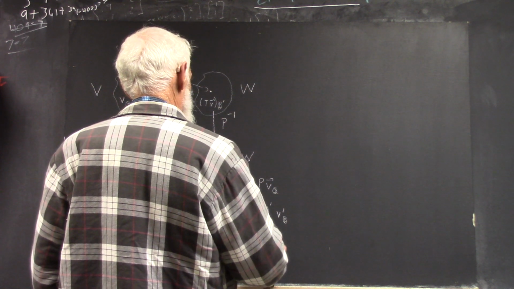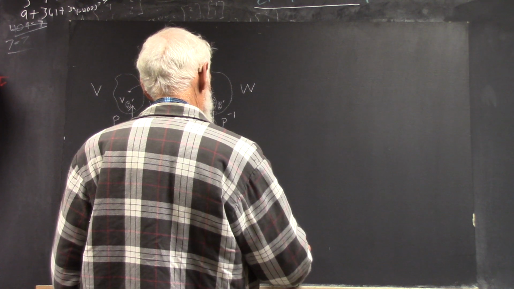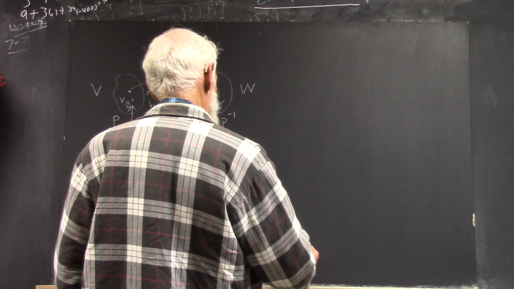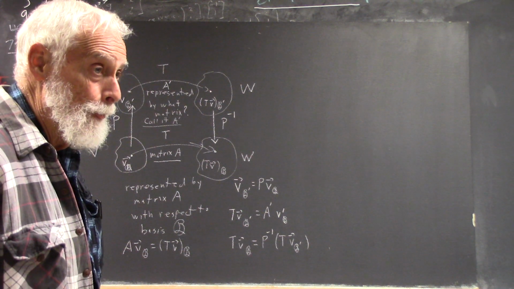TV with respect to B is just P inverse times TV with respect to B prime, right?